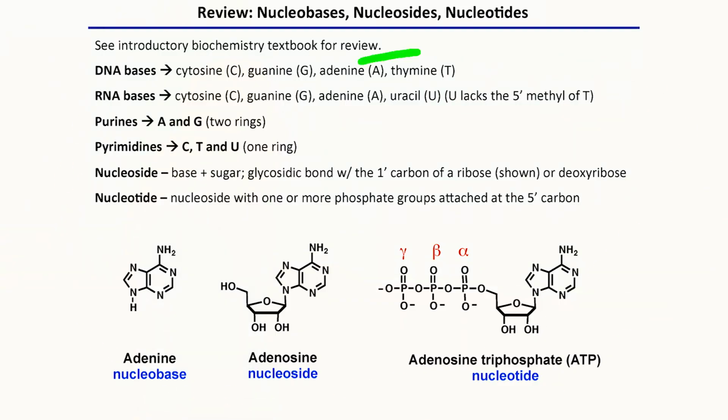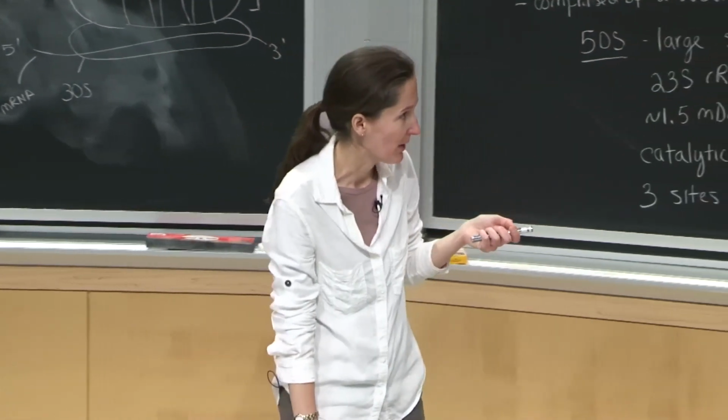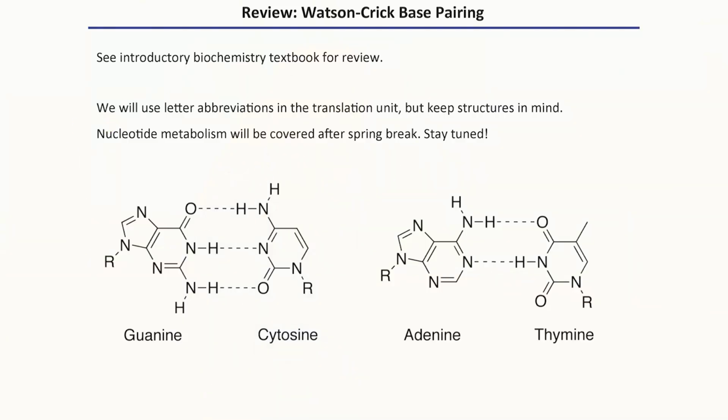So if you need to review, visit your basic biochemistry textbook for these details. Also, just to keep in mind the Watson-Crick base pairing. So G and C, we have 3 hydrogen bonds here, A and T, 2 hydrogen bonds. And after spring break, Professor Stubby will be presenting a module on nucleotide metabolism, where we'll be thinking about these things in some more detail.